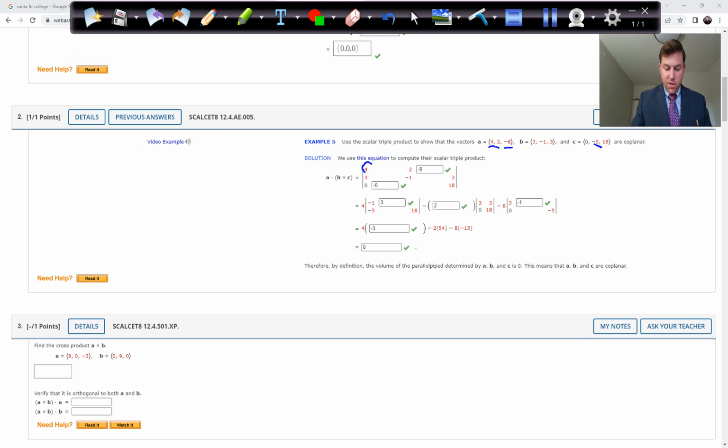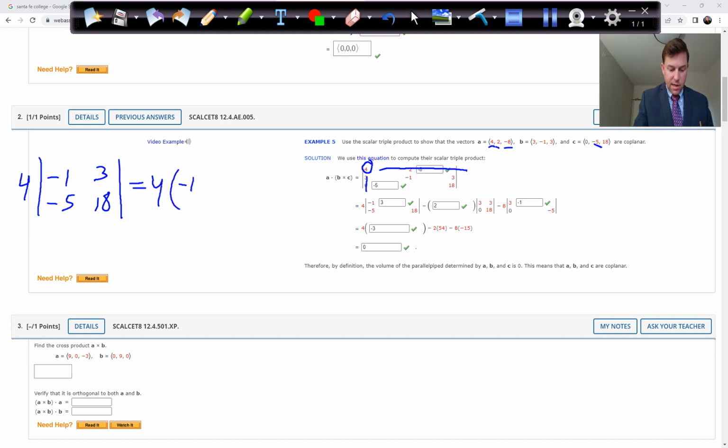You take the first number and you write it out here, and then you take a determinant of the first column crossed off and the first row crossed off. So what's left is minus 1, minus 5, 3, and 18. And this is going to be 4 times minus 1 times 18 minus 3 times negative 5.